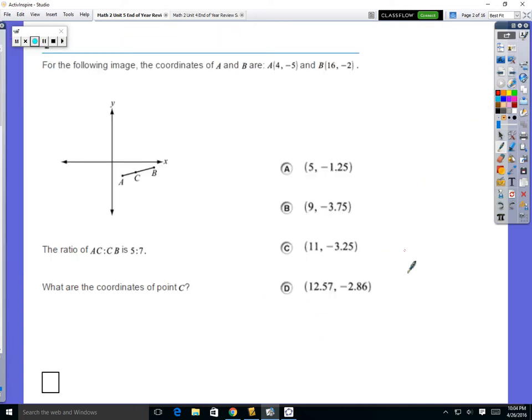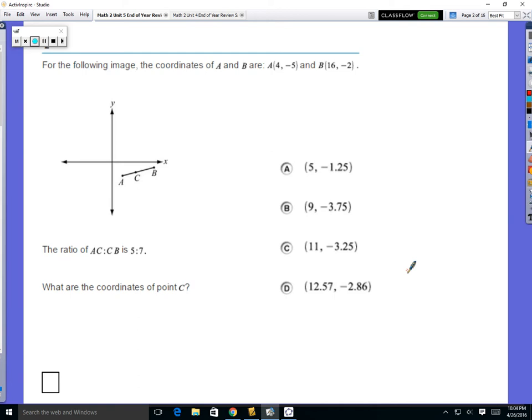Number 2. Okay, this one maybe is just best with guess and check. So you have a segment AB, and C looks like it's not quite in the middle.